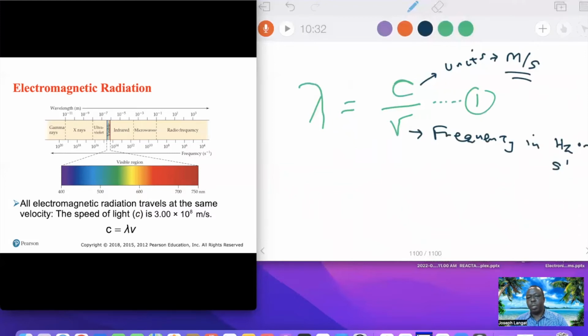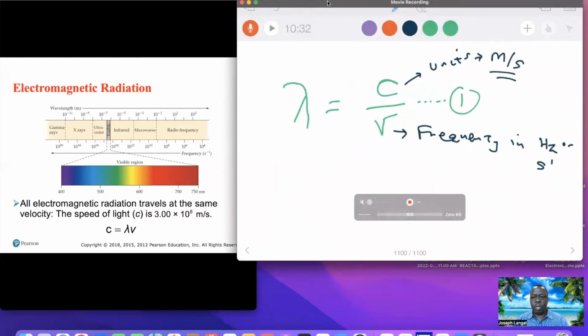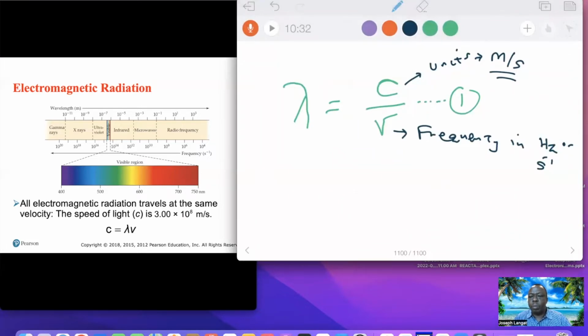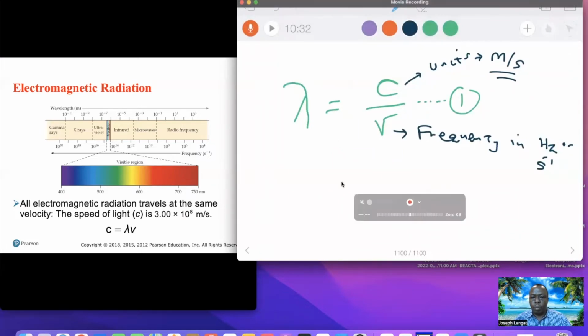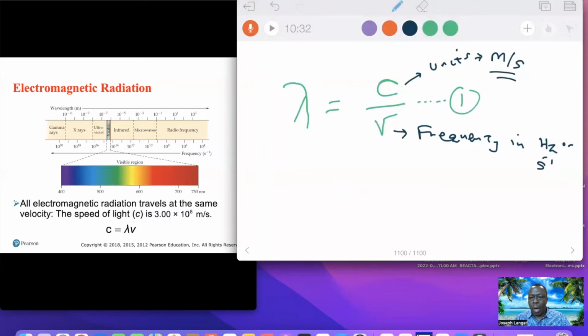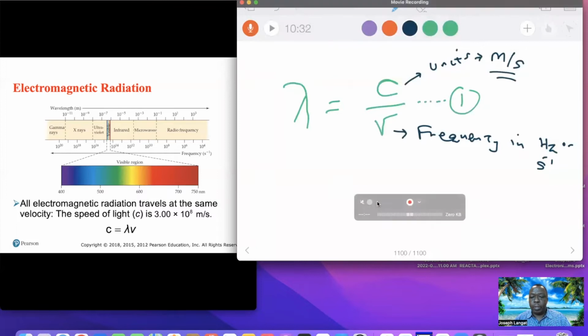If it is in megahertz or other units, you need to change the frequency to hertz or per second.